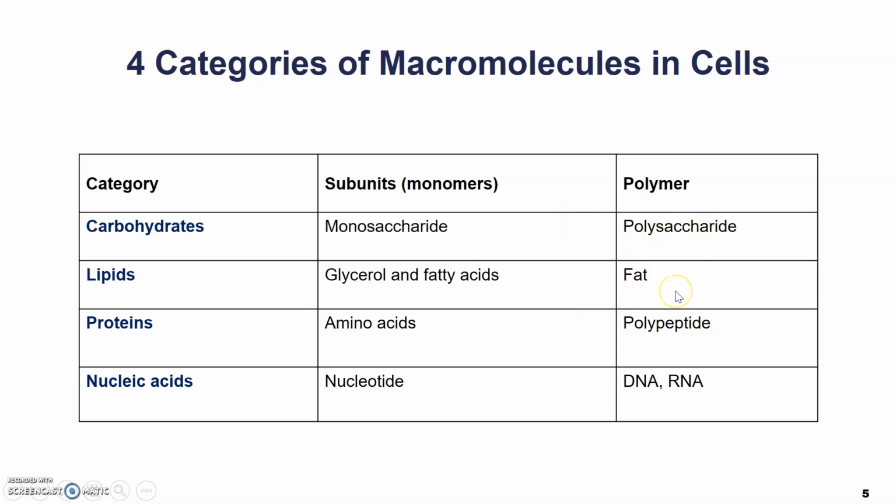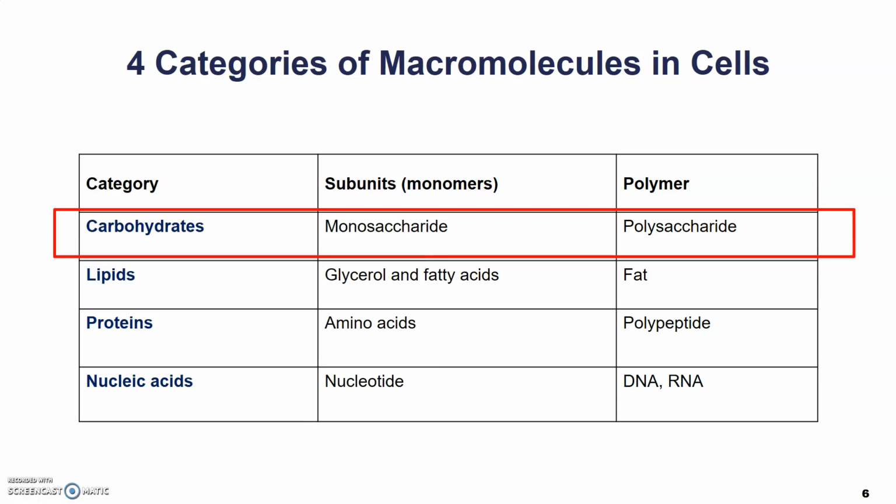The polymers of lipids are fats, and their subunits are glycerols and fatty acids. The polymers of proteins are polypeptides, made up of subunits called amino acids. And DNA and RNA are the polymers of nucleic acids, made up of subunits or monomers called nucleotides. We're going to go through each of these classes individually in the next portion of the lecture.